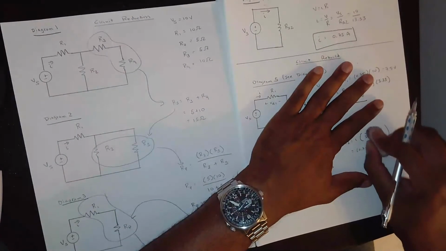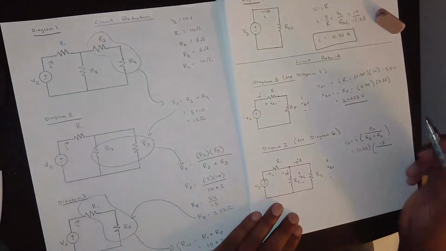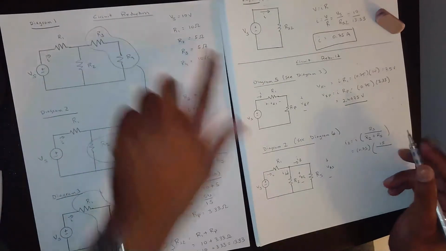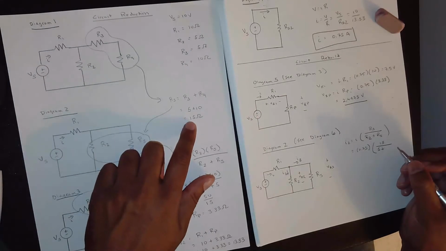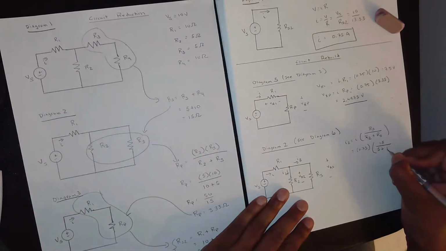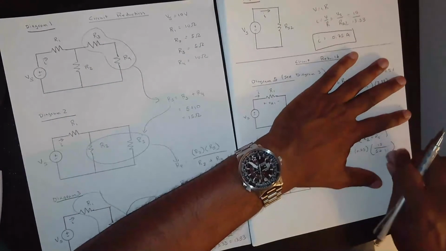I apologize. Let me break this back. RS plus R2 is the denominator. Okay, what is our R2? Our R2 is 5. Our RS again, 15. As you can see, you got to keep track of every little thing that's going on. Let me clean this up.